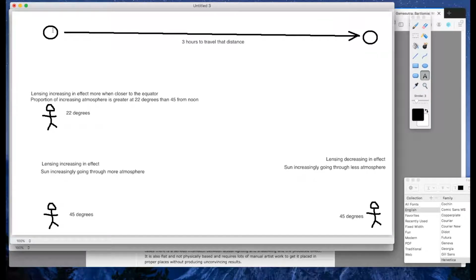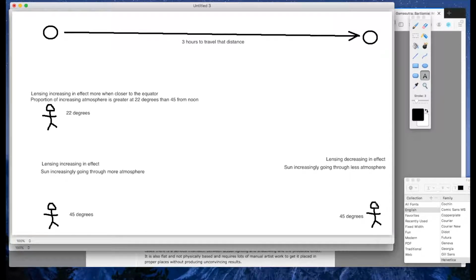So when the sun is over here, it would be 9 o'clock in the morning from their local solar noon. And then as it approaches and gets closer to this observer's local solar noon, it would be moving away from these two observers. What can we use to describe what's going on here?